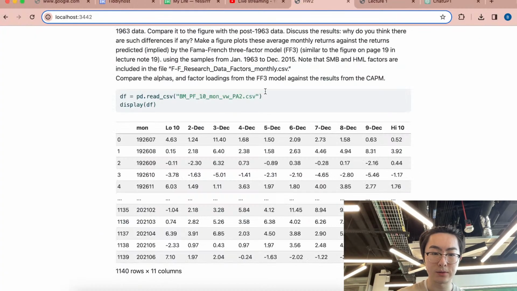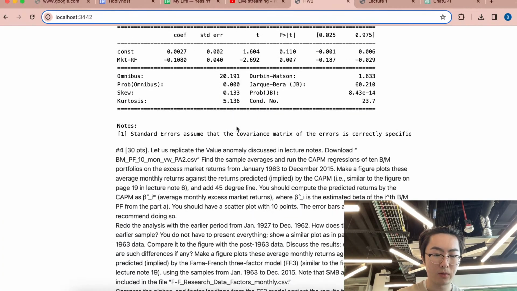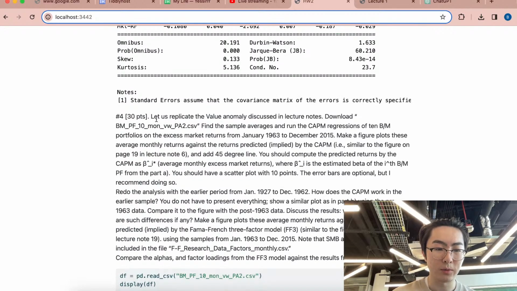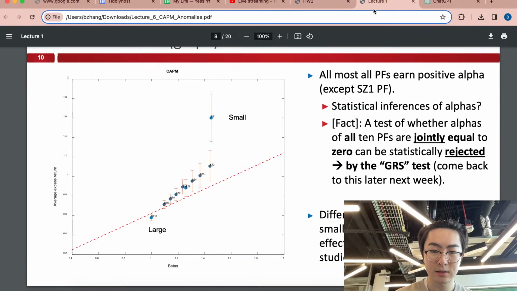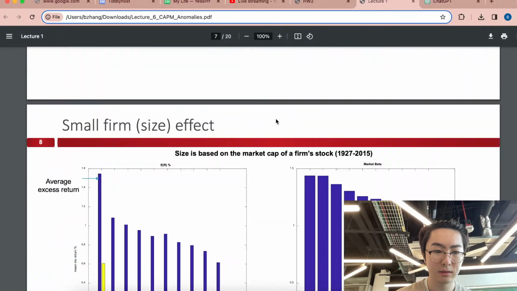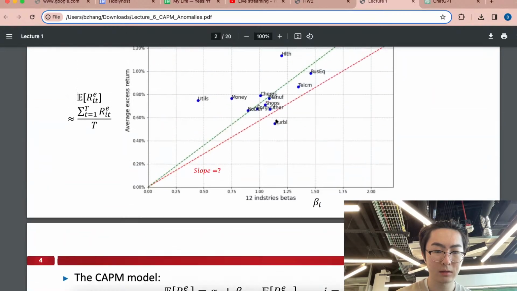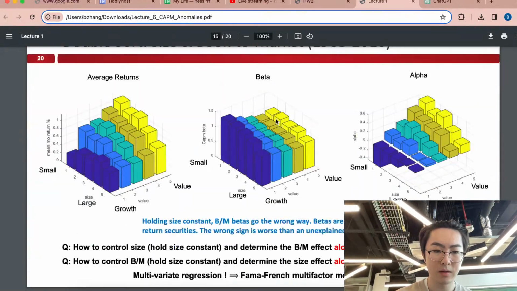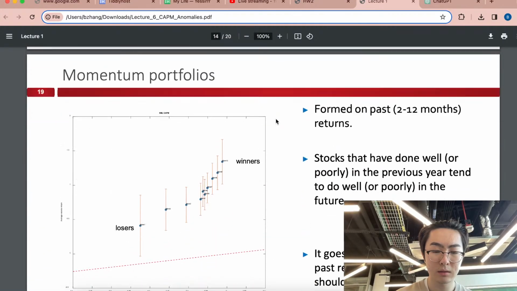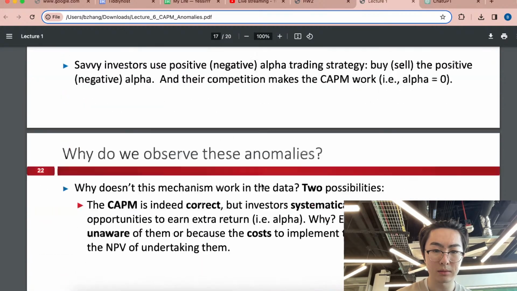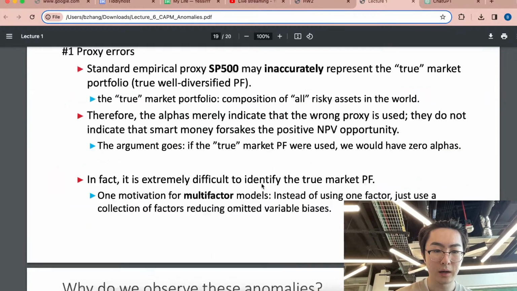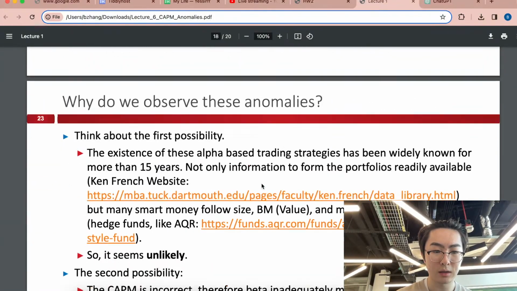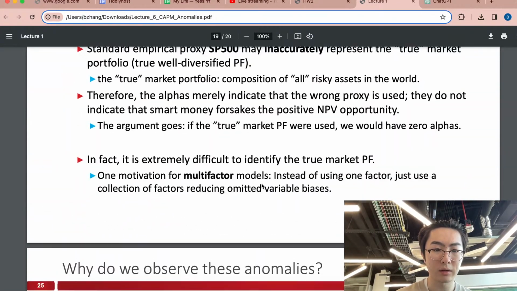Let's go over to this part. So in part 4, we're trying to replicate what is called the value anomaly, and double sorts. I think this could be... oh, wait.